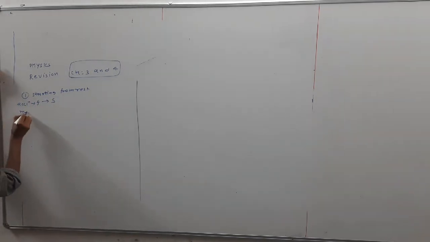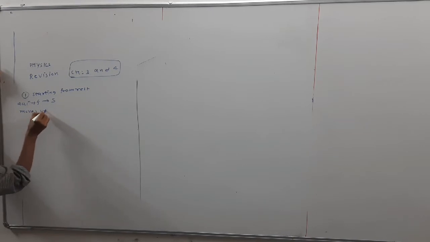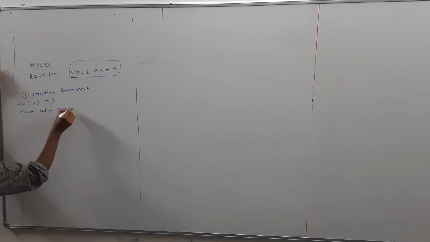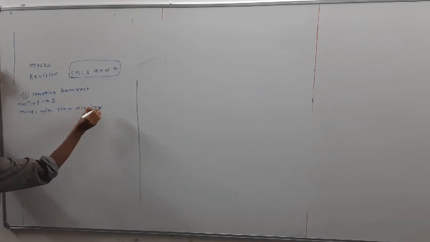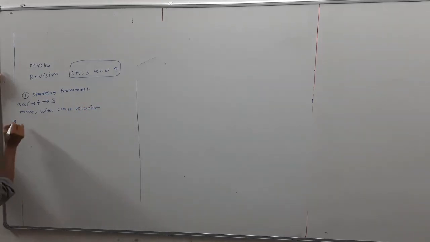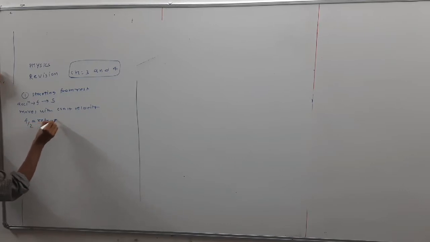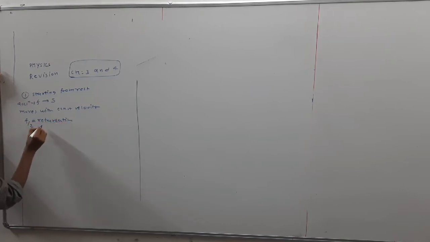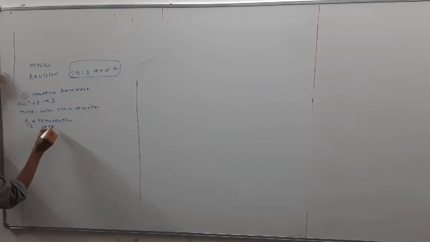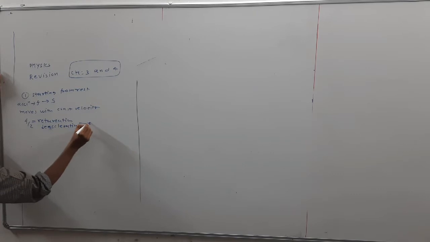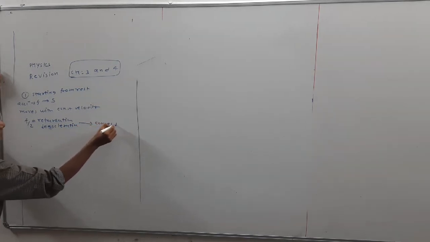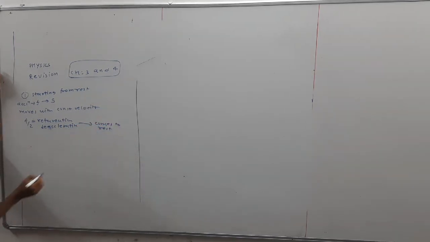Then it moves with a constant velocity for some time, and finally it is retarded, or decelerates, and comes to rest. Let us say the distances during this are d1, d2 and d3.